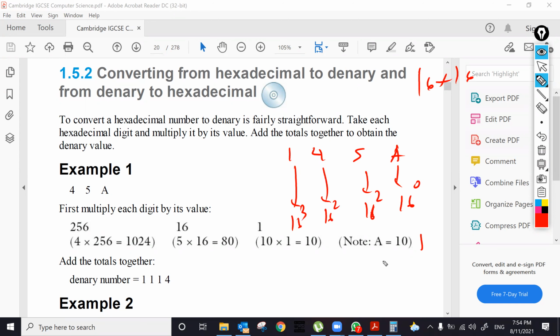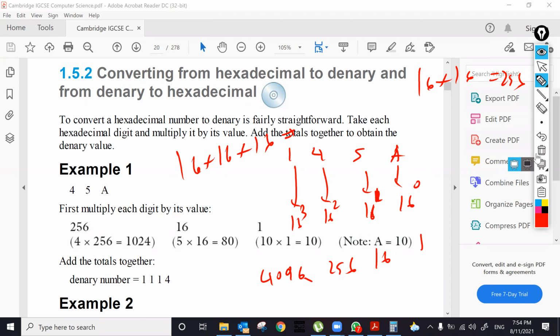Sorry, I made a mistake. 16 to the power of 1 is 16. 16 to the power of 2 is 16 into 16, that is 256. And 16 to the power of 3 is 16 into 16 into 16, which is 4096. These are the maximum values you should know at your level.